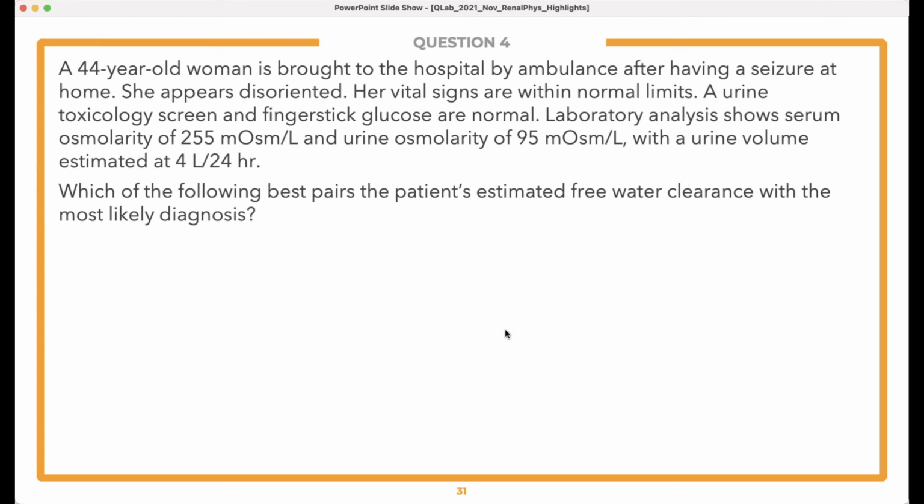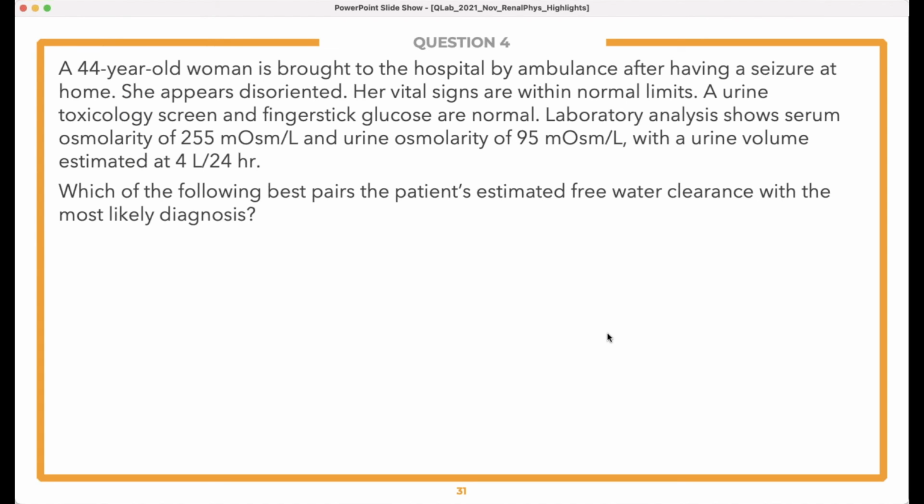Laboratory analysis shows serum osmolarity of 255 and urine osmolarity of 95, with a urine volume estimated at 4 liters over 24 hours. So again, which of the following best pairs the patient's estimated free water clearance with the most likely diagnosis? A lot to break down here, so I'll pass it over to Paris to do that.